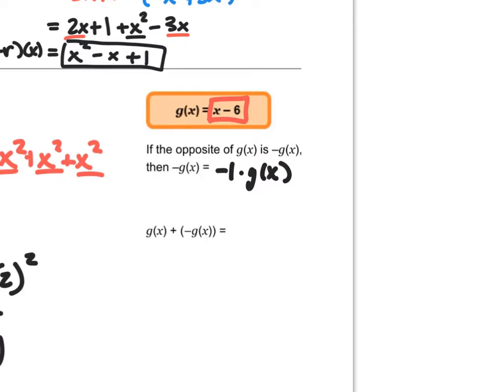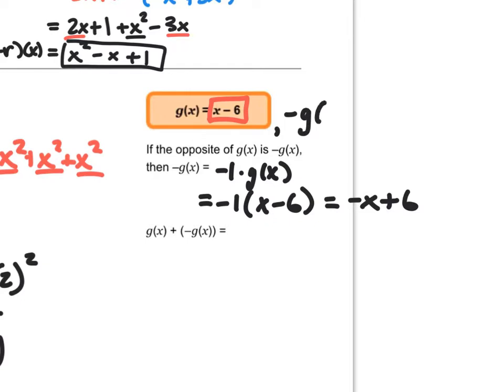So really what we get here is negative 1 times the quantity x minus 6, which gives us negative x plus 6, okay? So I have g of x equals x minus 6. We have negative g of x is equal to negative x plus 6. Okay, it's just the opposite, all right?